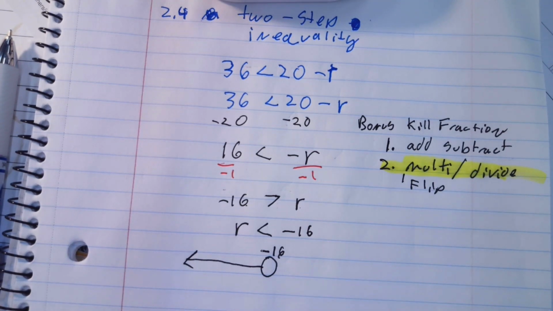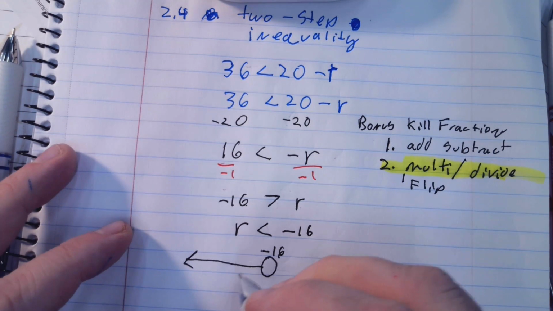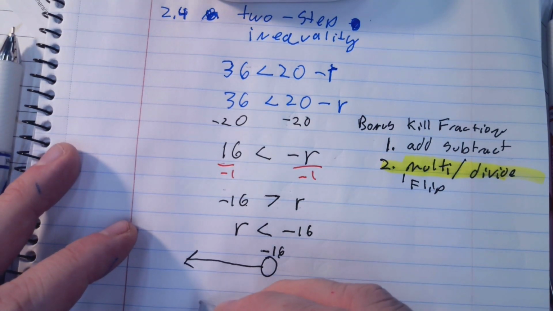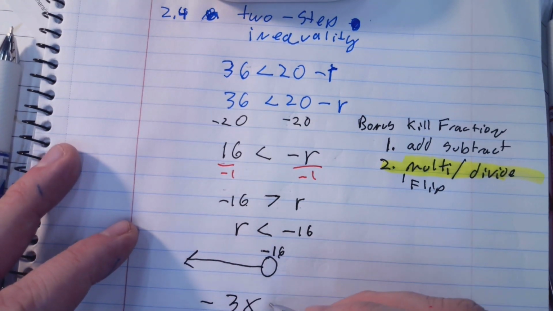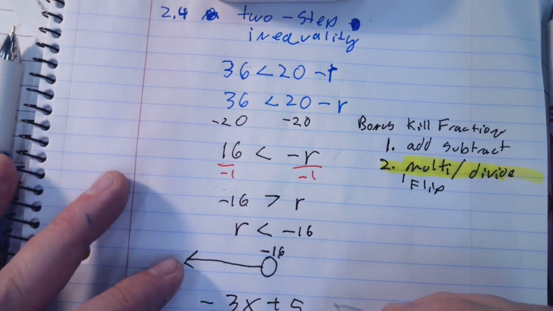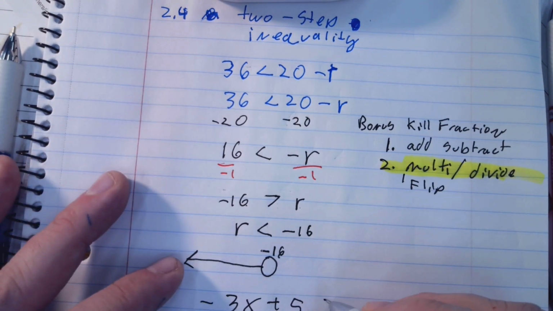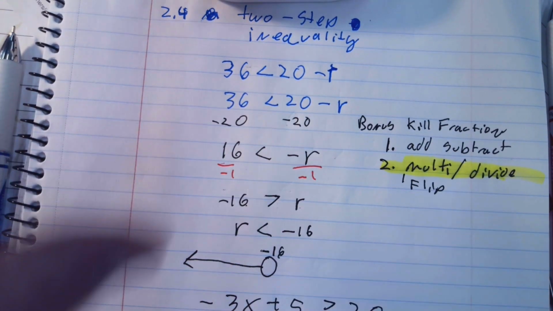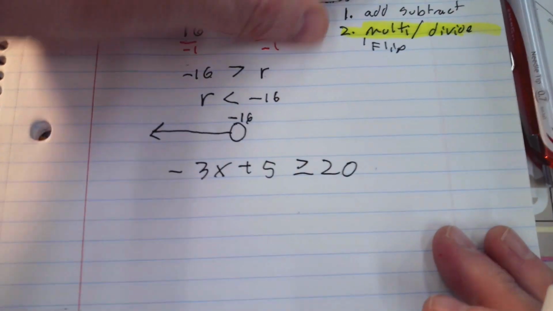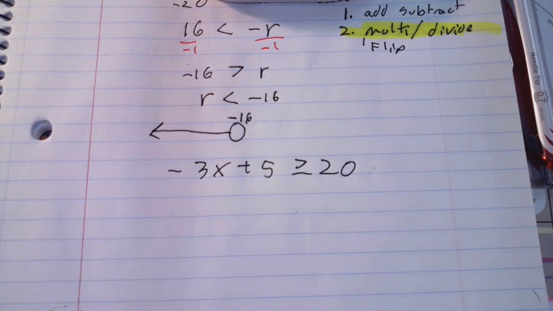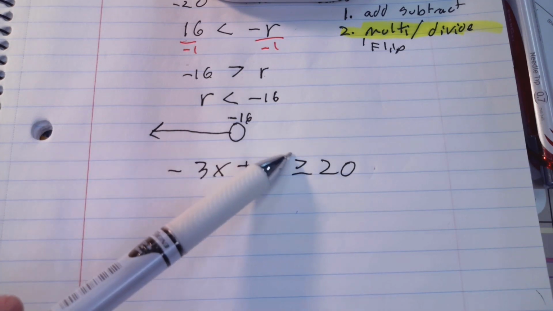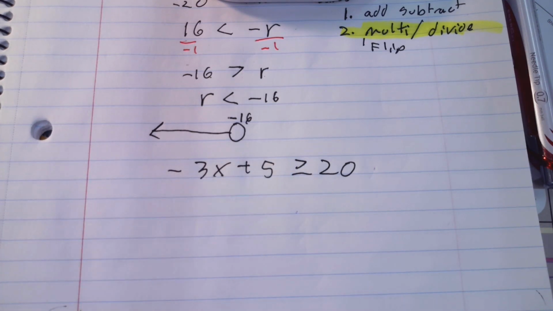All right, let's just go ahead and kick into a problem. Let's see if we can do this one right here. It's just a good old-fashioned two-step problem, right? Did we do problems like this in August? Just without the greater than sign, right?